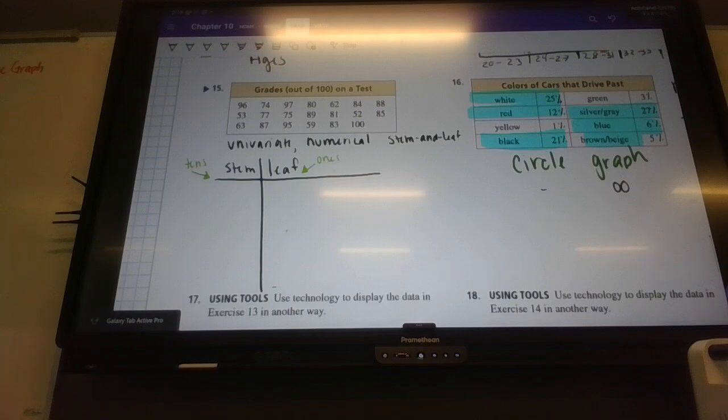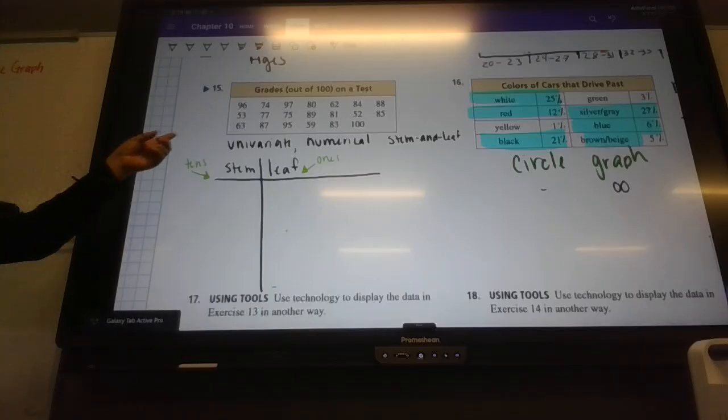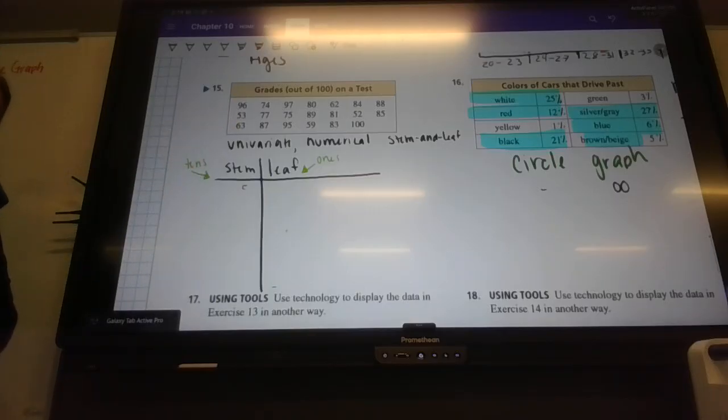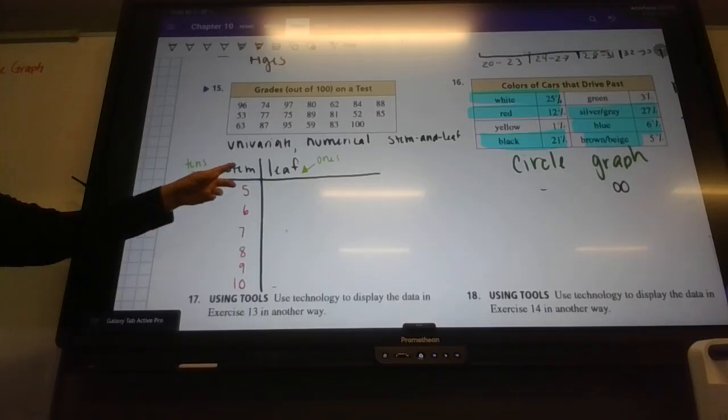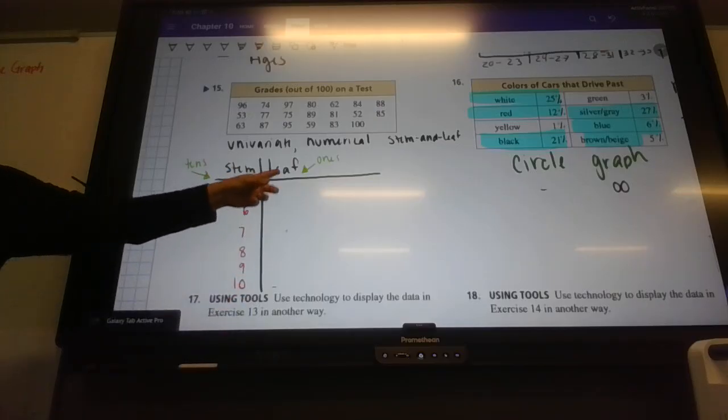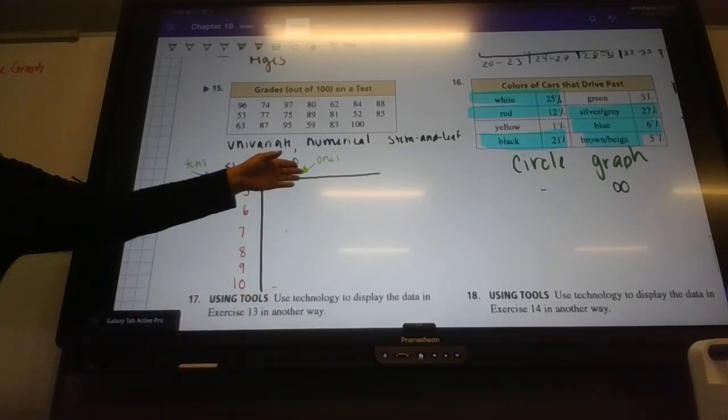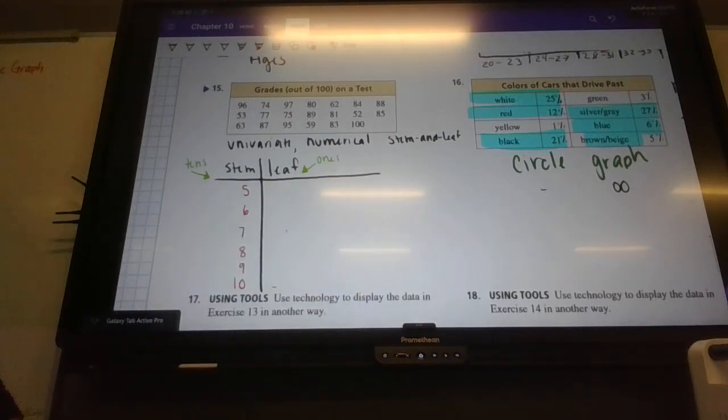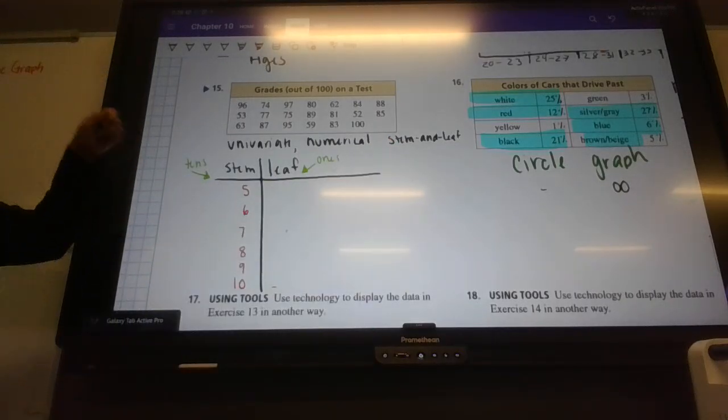Alright, so this has to go from the lowest test grade here. The lowest is in the 50s, and then we'll go up from there: 50s, 60s, 70s, 80s, 90s, and then all the way to 100. So this is the tens place, and this will be the ones, and they must go in order. We're going to mark them off as we go.